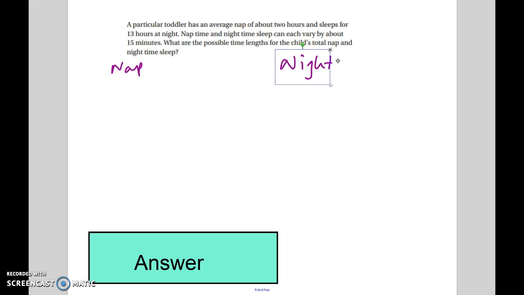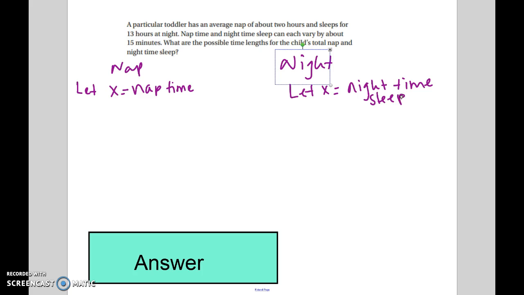Okay, so our let statement is going to be the possible amount of time that the child actually sleeps. So we'll say nap time, and this let statement will be nighttime sleep. Okay, so our absolute value inequality is basically always going to follow this format.